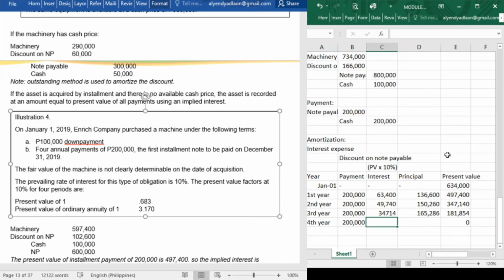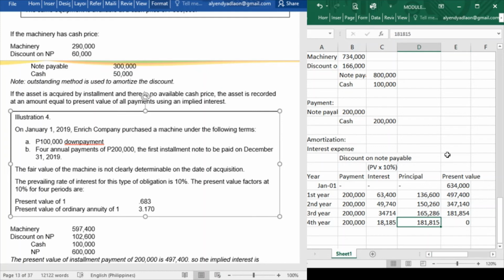So that is 18,185. So if we're going to deduct 18,185 from 200,000, that is 181,815. So if we're gonna deduct 181,815 from the 181,854, it will not result to 0, class.